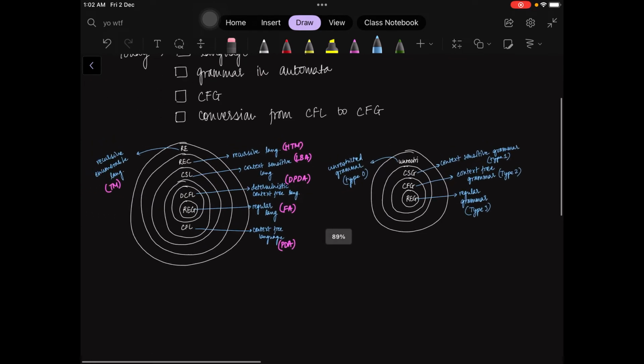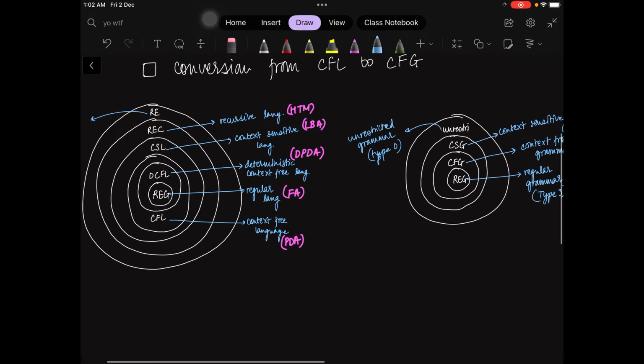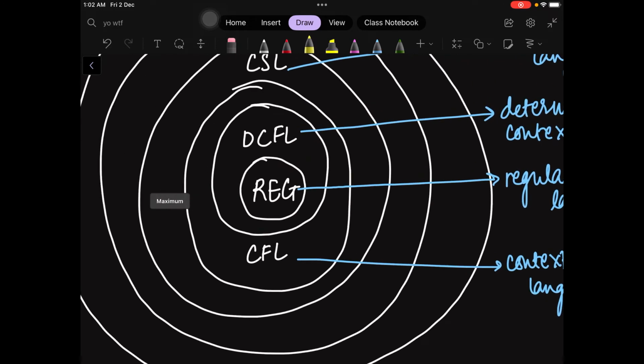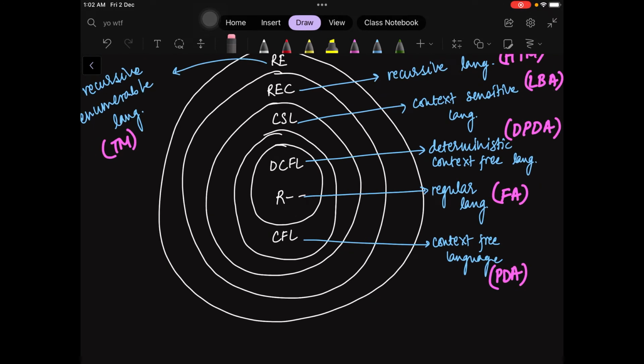So if you compare both of these, it can be easily mapped that regular grammar is accepted by regular grammar.